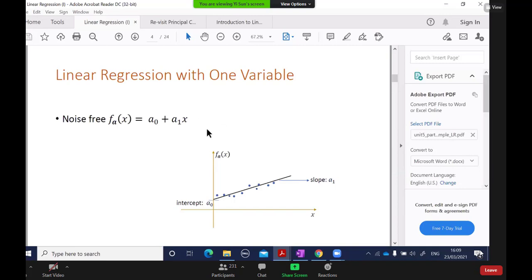That term is independent from the variable, but has a Gaussian distribution. We will talk about it in Unit 8. But here, what we are looking for is to fit a linear line defined by this function. A0 is the intercept, as shown here, and A1, the coefficient in front of the variable, is the slope.